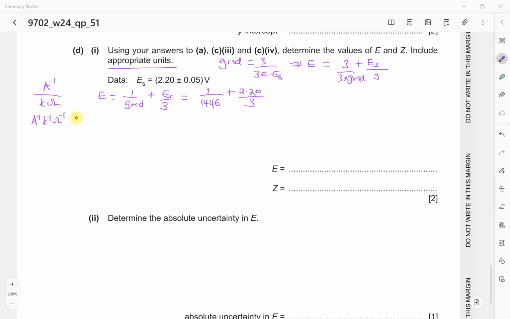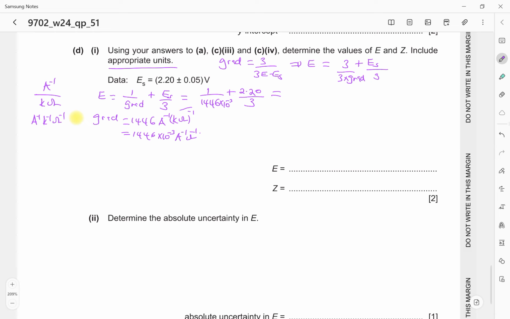So the gradient was 1446 per ampere per kilo ohm. If I change this, it becomes 1446 times 10 to the power of minus 3 per ampere per ohm. So I'll just multiply this by 10 to the power of minus 3 before I add.